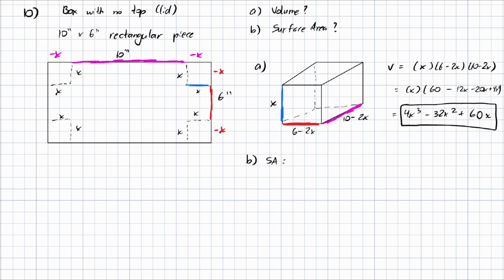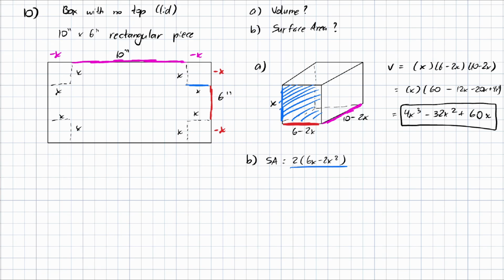My surface area, remember, I have no top, so be very, very careful. So we have two of those, right? So 2 times the area of this, 6x minus 2x squared. So that's the first one.